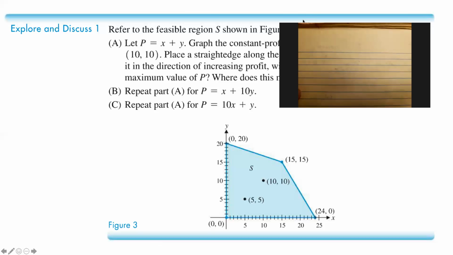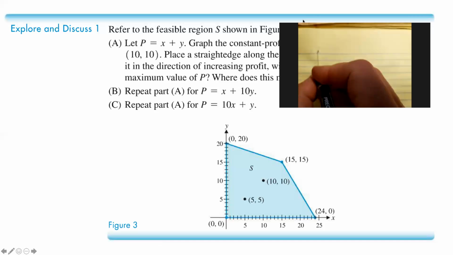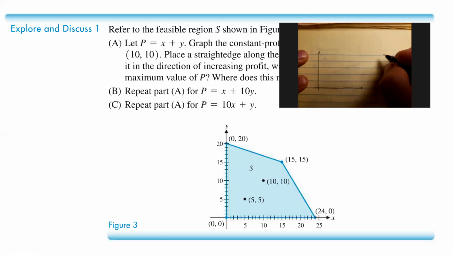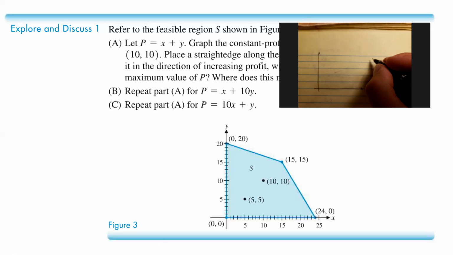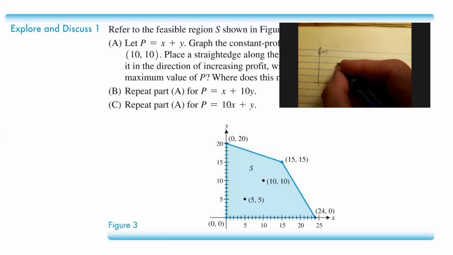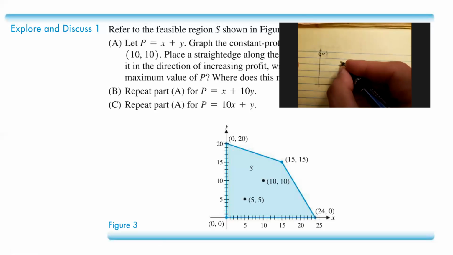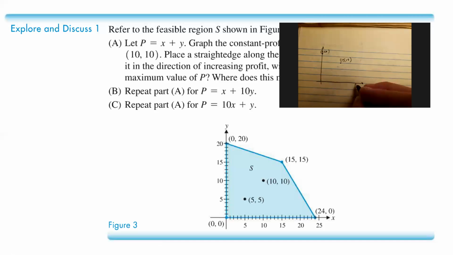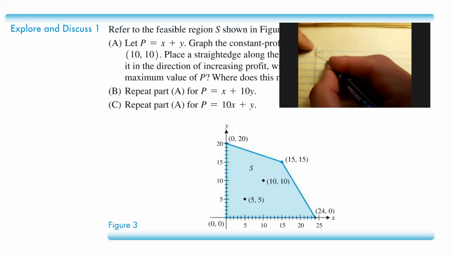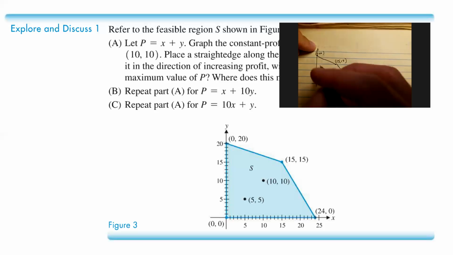So turn this over and let's just sketch this real quick. I'm going to have the point 20, 0 and 0, 20 here, and then we'll have the point 15 and 15 here. Sorry, it feels like you're on a boat. My kitchen table is not as steady as you might think. So we'll have this right here and this line right here.